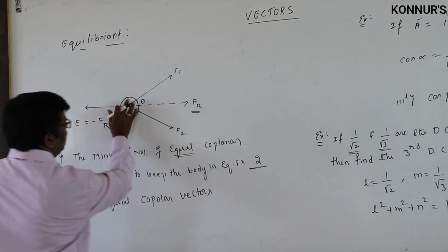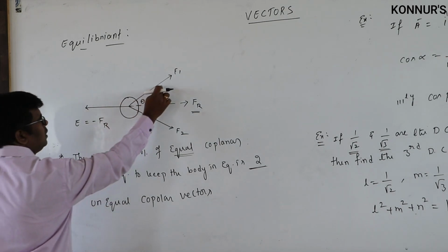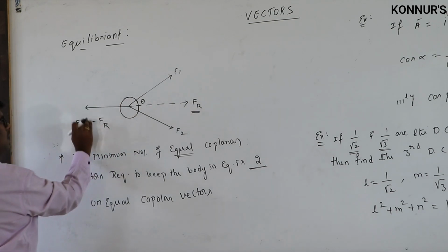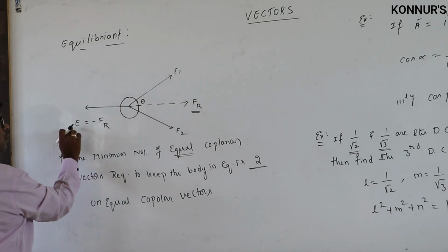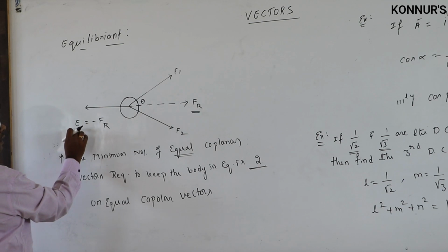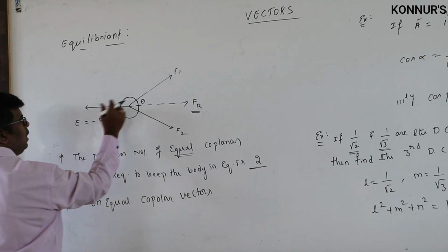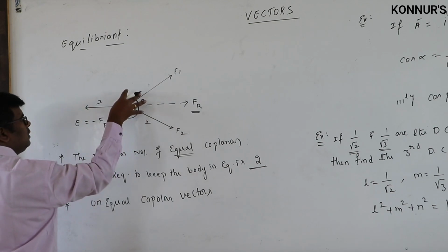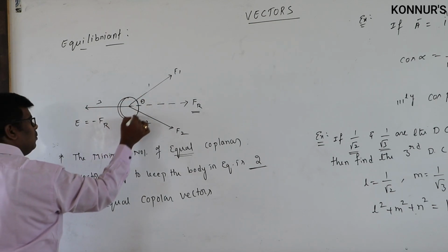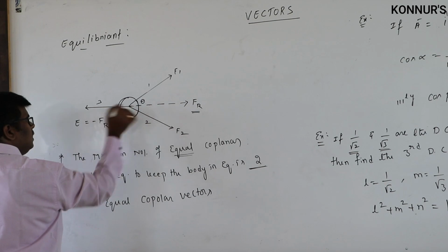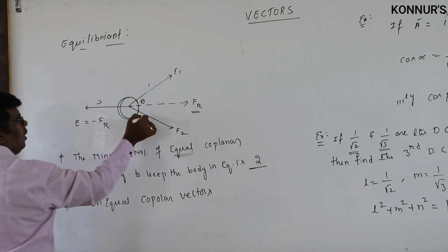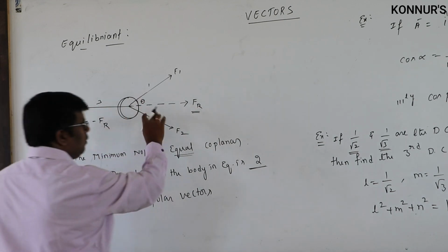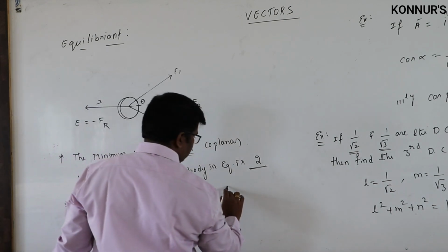Suppose this body has to be kept in equilibrium: this is F1, F2, and to counterbalance, one more coplanar force is acting here. How many here? 1, 2, 3. So these three forces are acting on this body and the body is in equilibrium; these are not equal, so unequal. So the number of unequal coplanar vectors required to keep the body in equilibrium is 3.